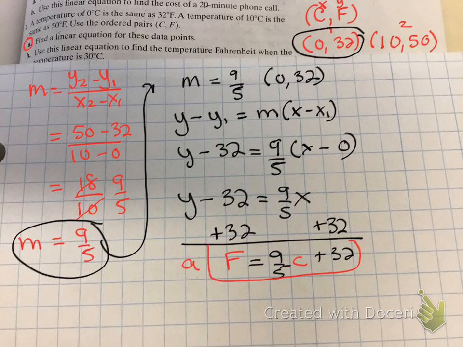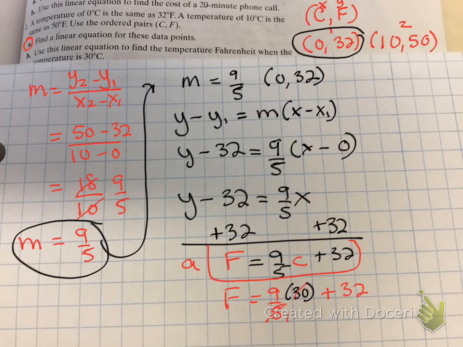Part B says, now let's use it and find something outside the data. Use the linear equation to find the temperature Fahrenheit when the temperature is 30 degrees Celsius. So where do I substitute the 30 degrees? For the C, so it'd be F equals 9 over 5 times 30 plus 32.